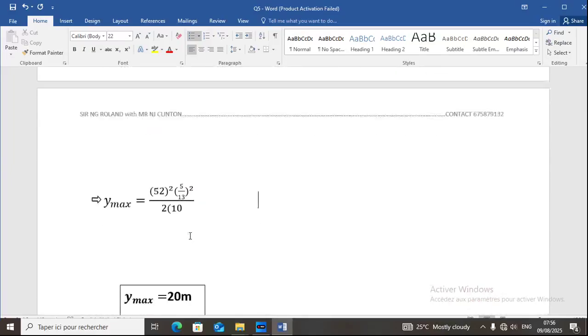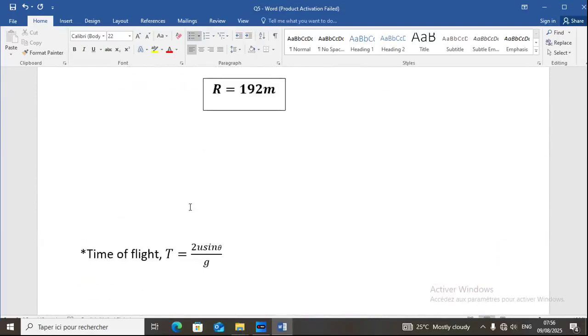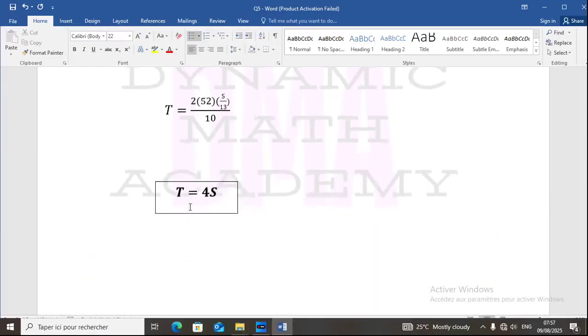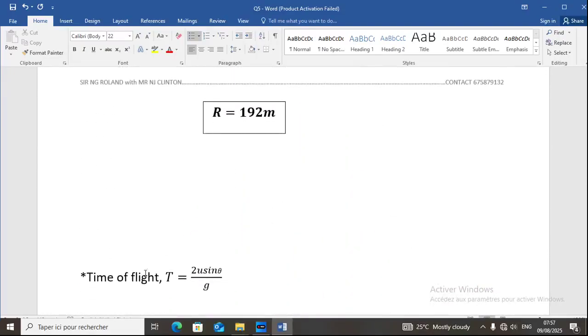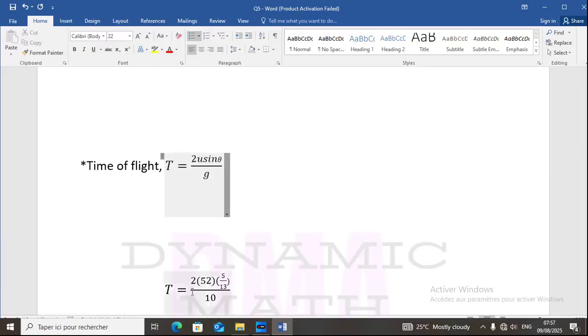Now, let's have the total time of flight. The total time of flight is equal to 2u sin theta divided by g. We're going to have the time of flight equal to 2 times 52 times 5 on 13 divided by 10.